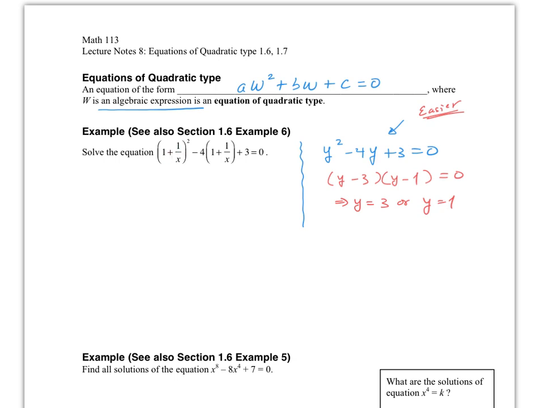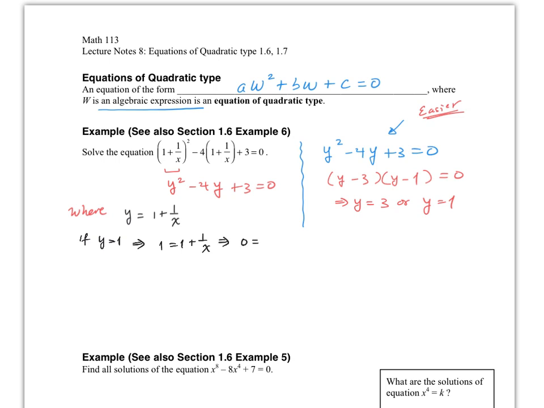But this is where you're solving. So this is where you do the substitution, and then you say this is y squared minus 4y plus 3 equals 0, where y equals 1 plus 1 over x. Now, we already solved for the value of y. y is either 3 or 1. So if y equals 1, this implies that 1 equals 1 plus 1 over x.